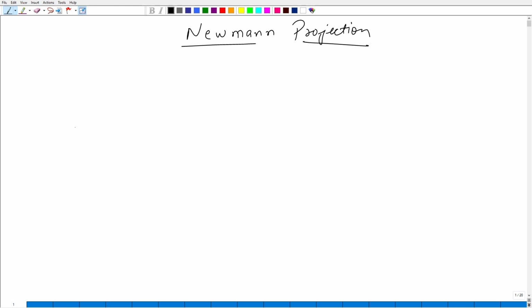Newman projection. What we have seen in the Sawhorse projection was that we viewed the molecule along the molecular axis. This was the Sawhorse projection, and in the Newman projection the molecule is viewed head-on.